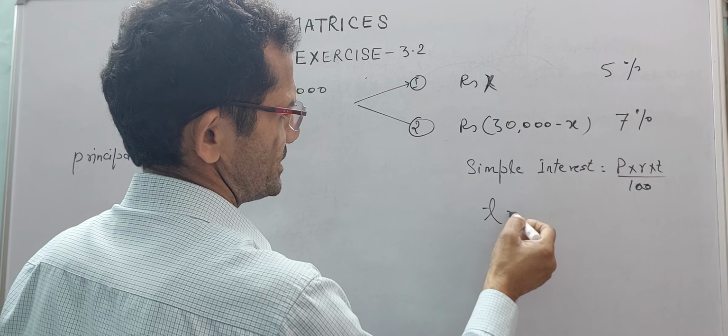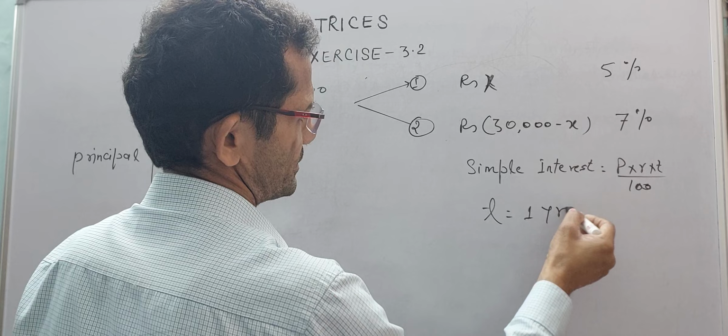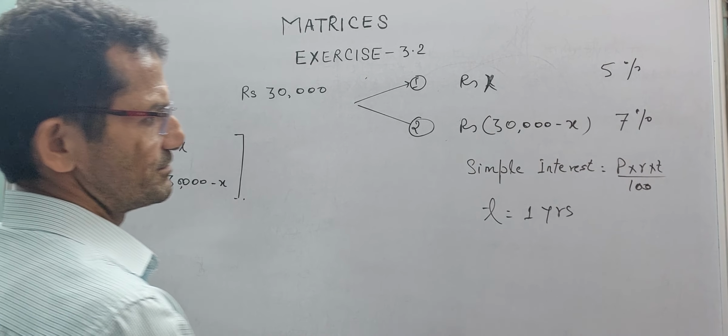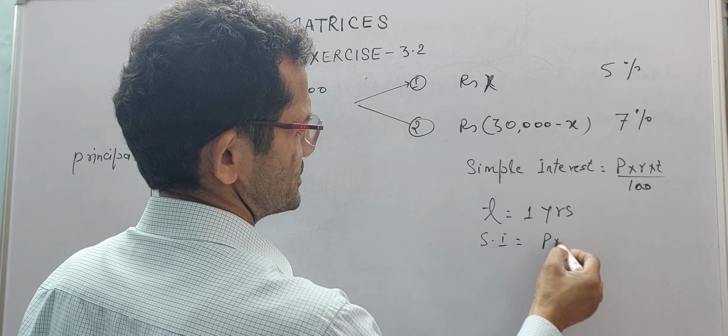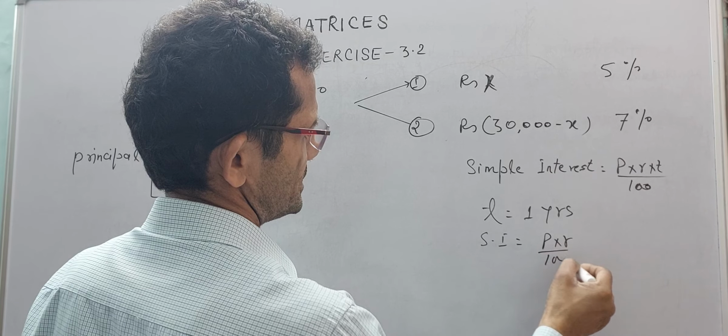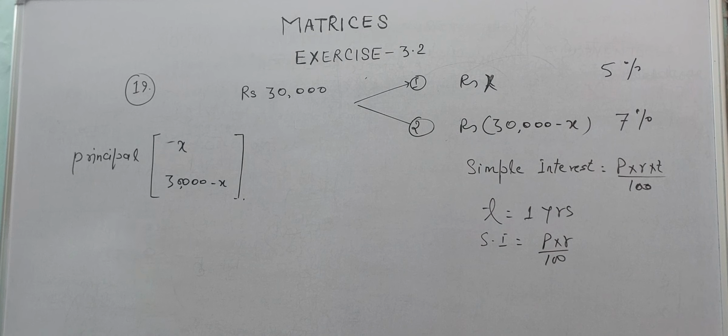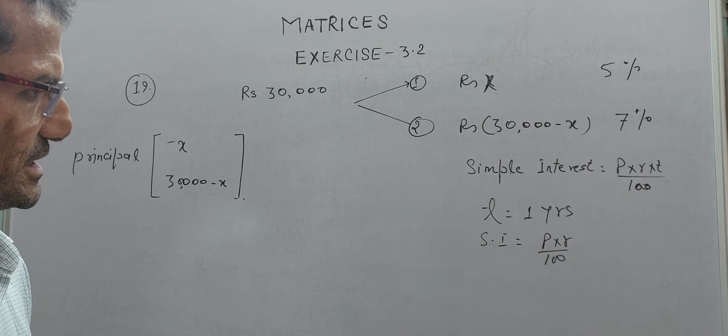So our simple interest at the end of 1 year becomes principal into R divided by 100. So here our percent is already given.